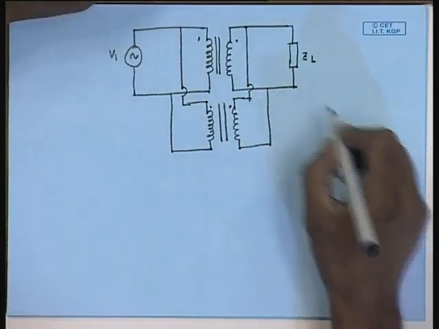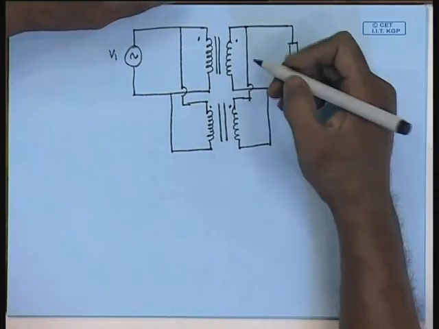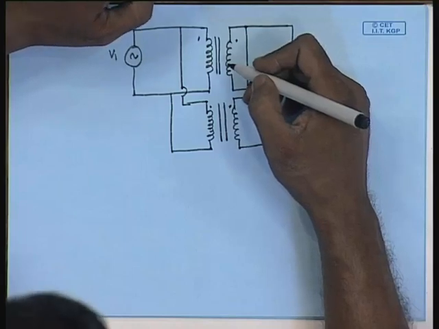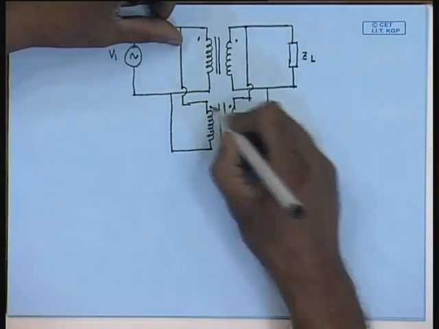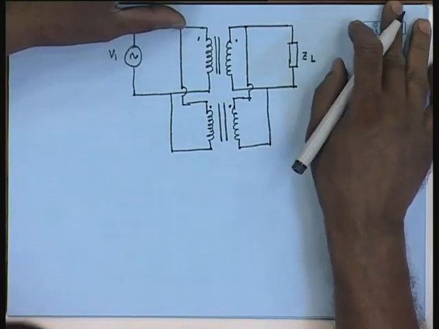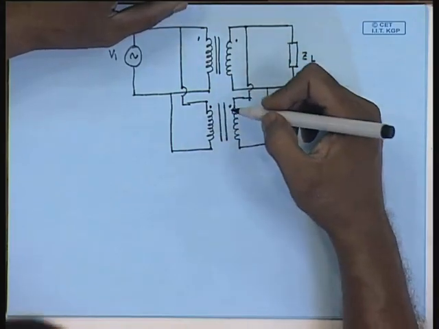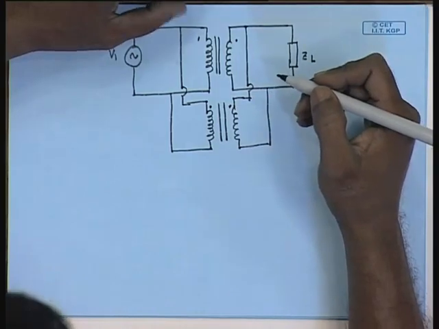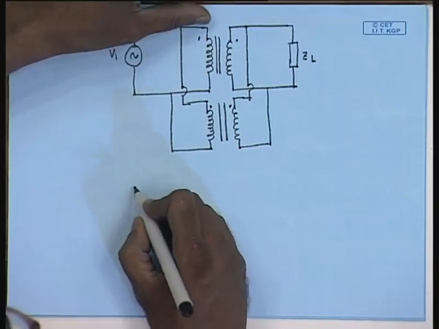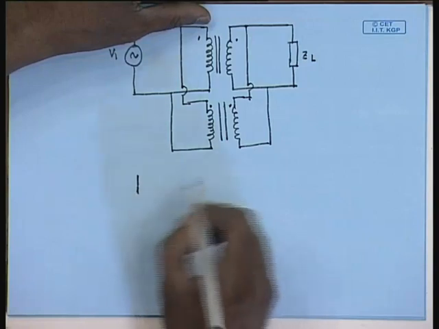Now, these two transformer primaries are connected to the same source, but their induced voltages are slightly different. That is because their turns ratios are not exactly same. So, if we want to draw an equivalent circuit of this situation, then we must recognize that now this impedance will not exactly be connected in parallel, but for the first transformer we can still draw the equivalent circuit with respect to the load side.